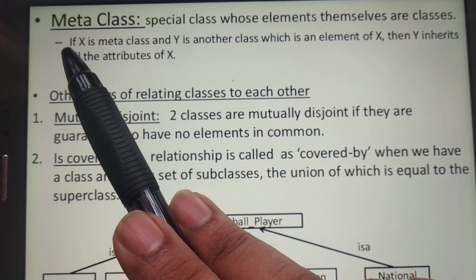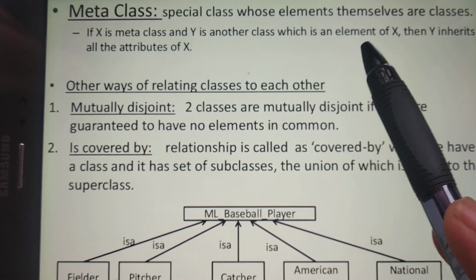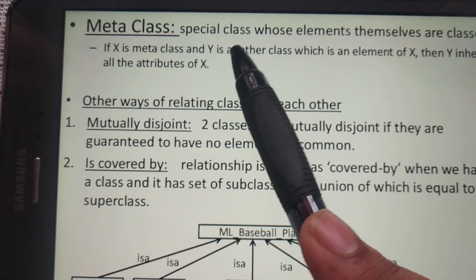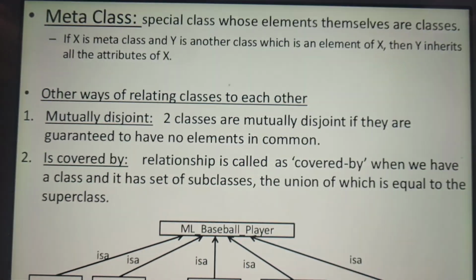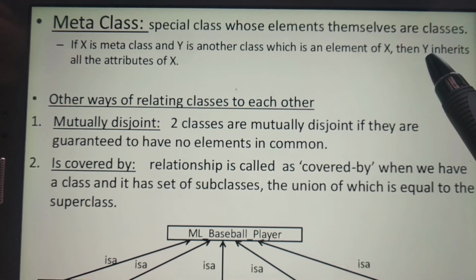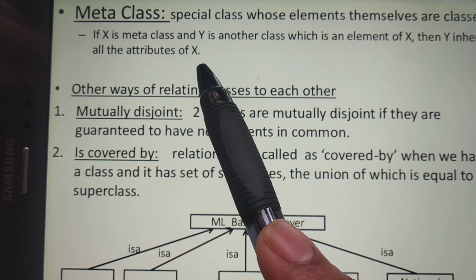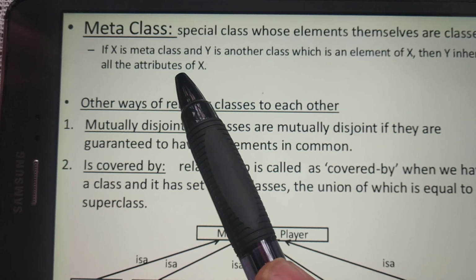So if X is a meta class and Y is another class that is contained within X, then it is obvious that Y inherits all the attributes of X because Y is contained in X, correct? So that is the meta class concept.